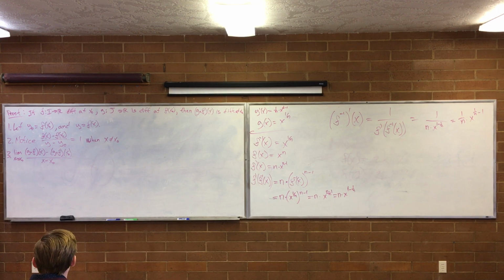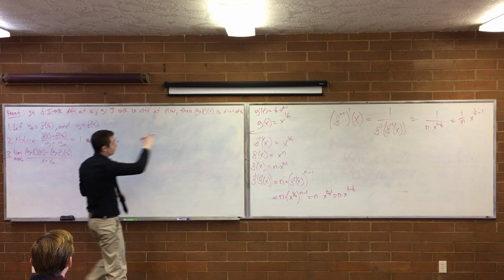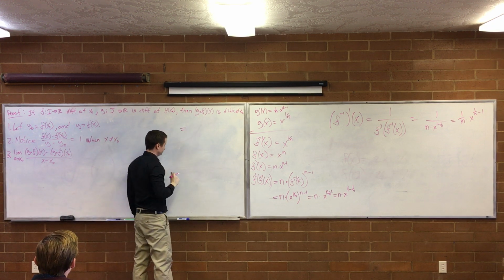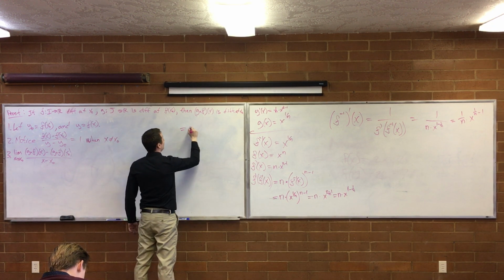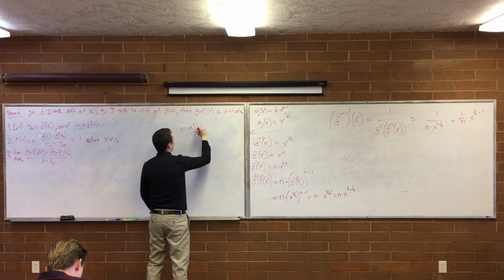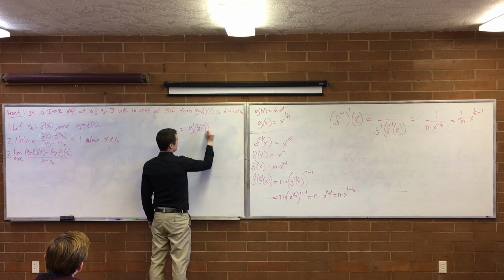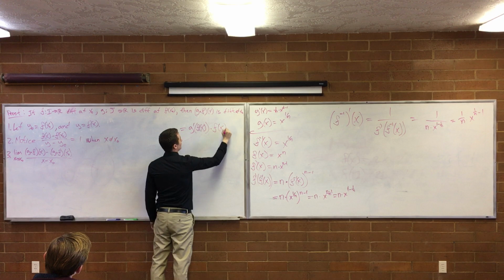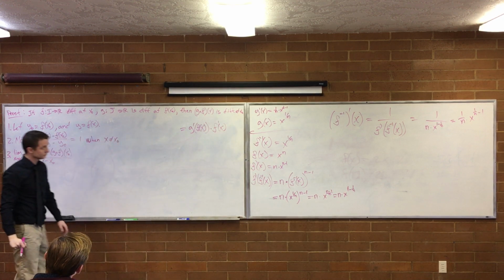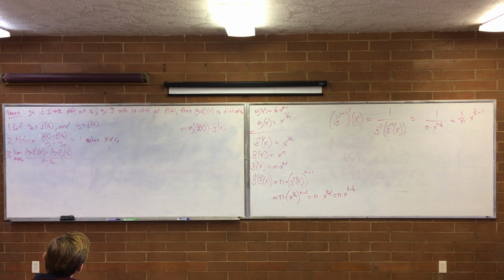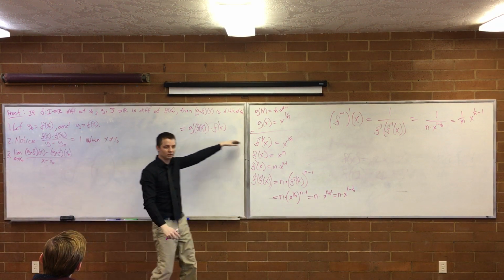In the end, we're trying to prove that this is equal to g prime of f of x times f prime of x. So we're proving that this function is differentiable at x naught. So this limit exists, and furthermore, this limit is going to turn out to be this thing.